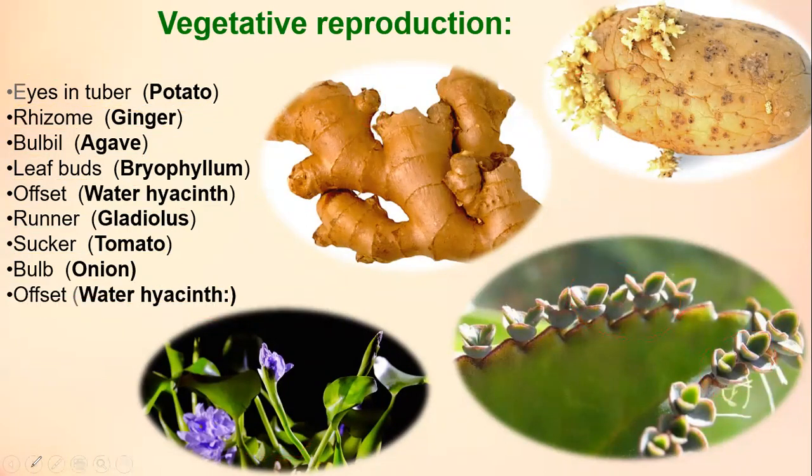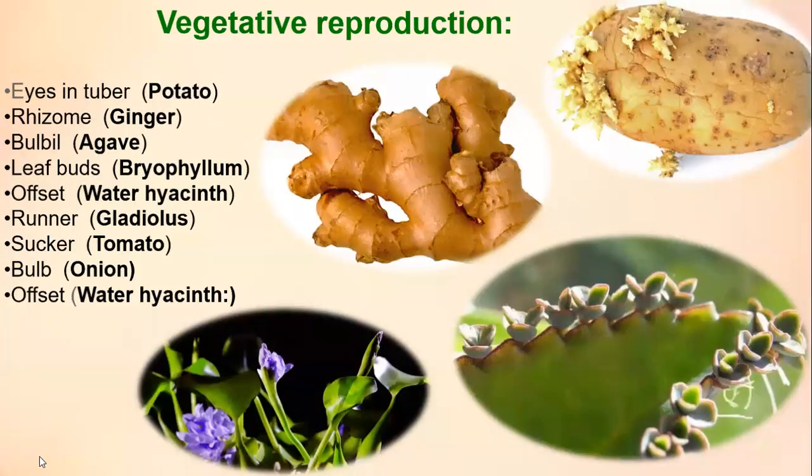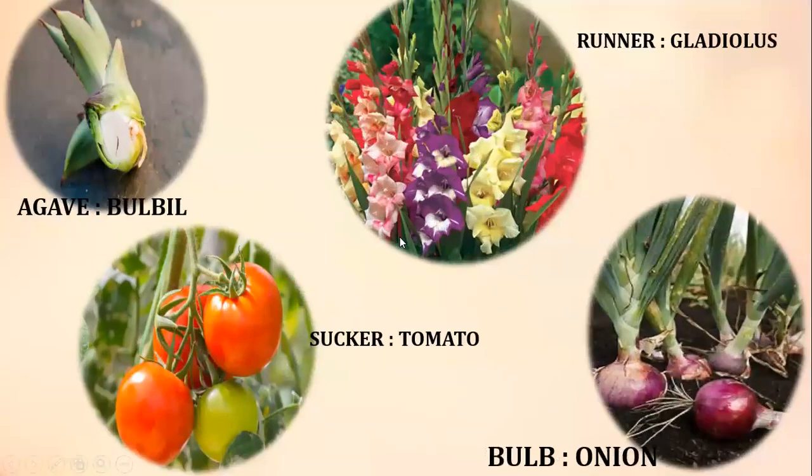This is a bulbil in agave. This is a runner in gladiolus. Then you have suckers in tomato and bulb in onion. That may be confusing you: bulb is present in onion and bulbil is present in agave.